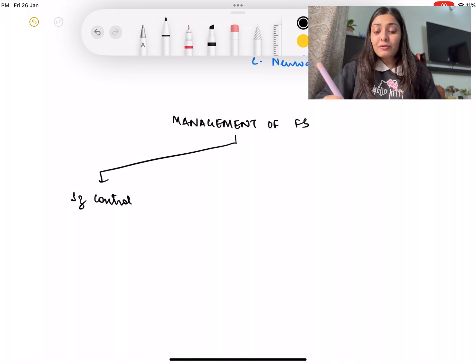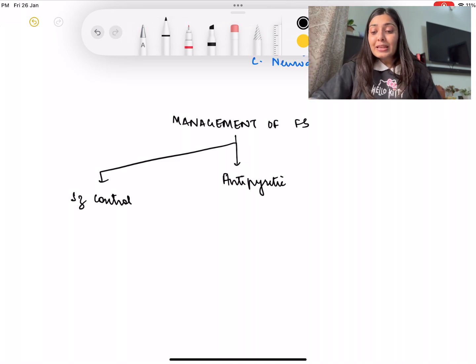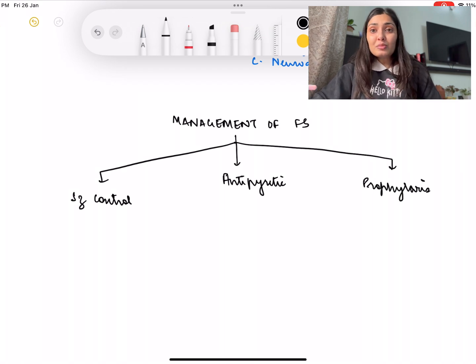So second is fever control, that is antipyretic therapy. And lastly, we don't want the seizure to recur with fever, so we need some prophylaxis as well. So the management here is divided into three parts: seizure control, antipyretic therapy, and lastly prophylaxis, so that these febrile seizures do not recur in future with fever.